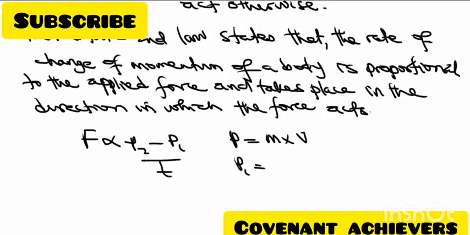So P1 is going to be mass times u, and P2 is going to be mass times v, which is final. Mass is a constant, mass does not change, so it is only the velocity that changes, and that is what the change in momentum is about.